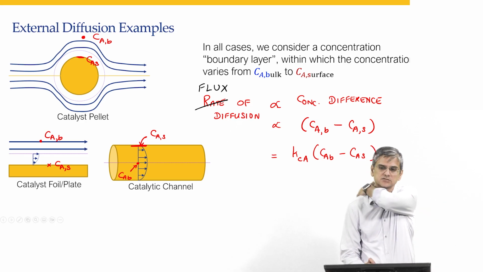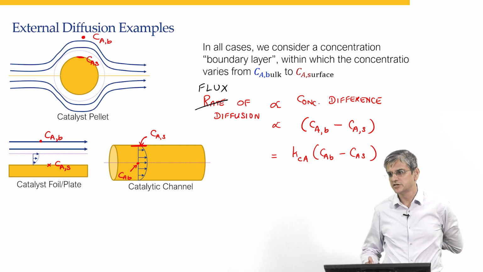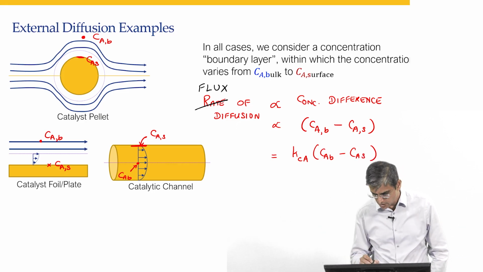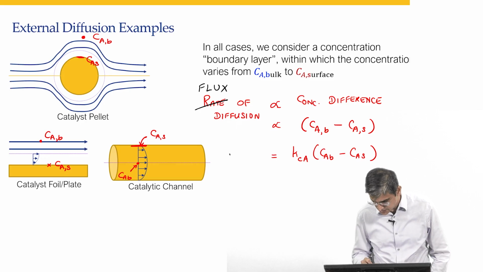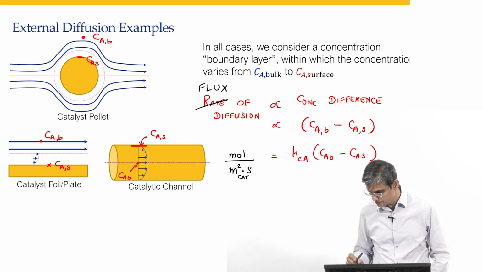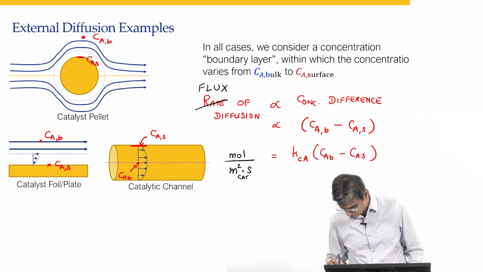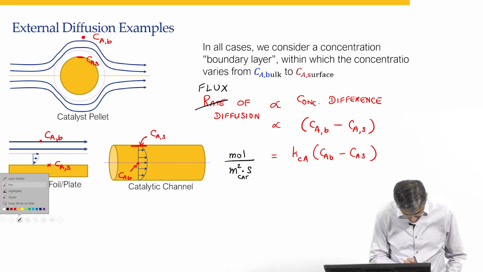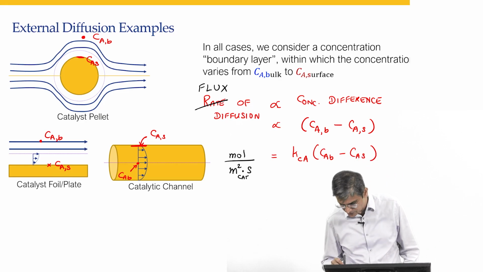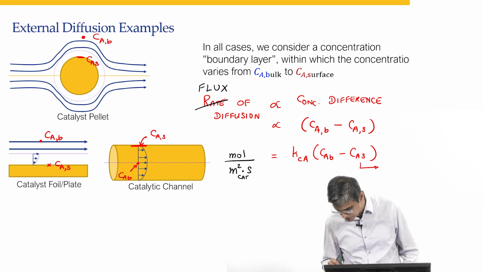Why flux? The derivation comes through Fick's law. So flux is in terms of concentrations, remember what we said yesterday as well as in the beginning of the previous module.